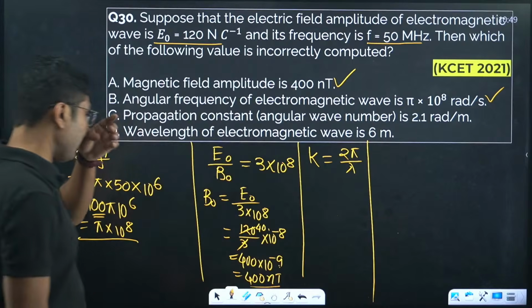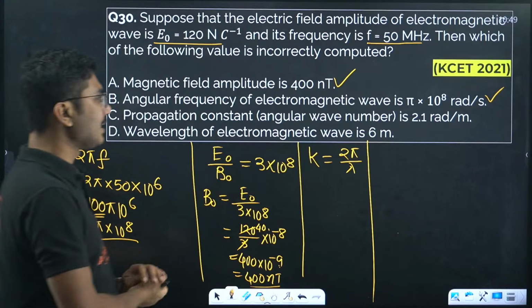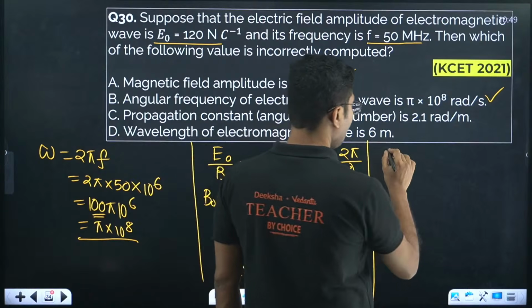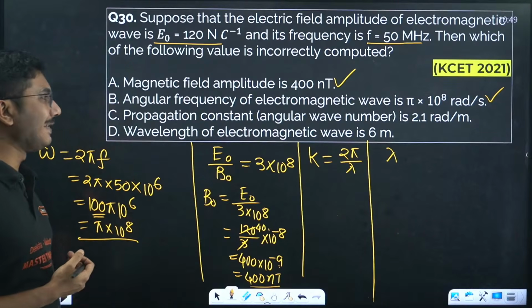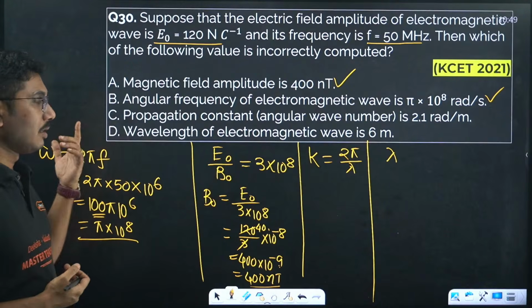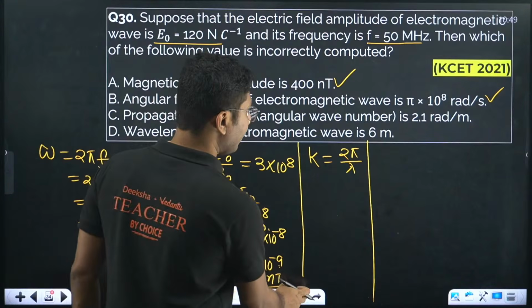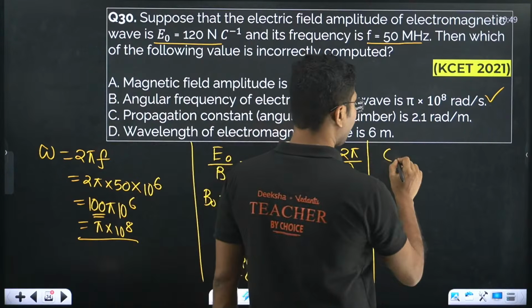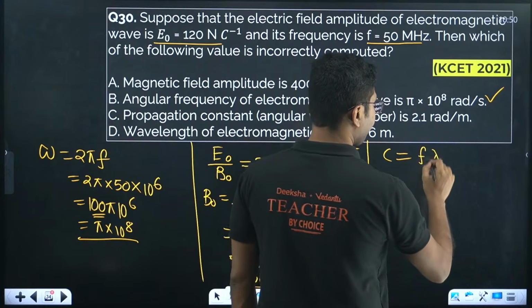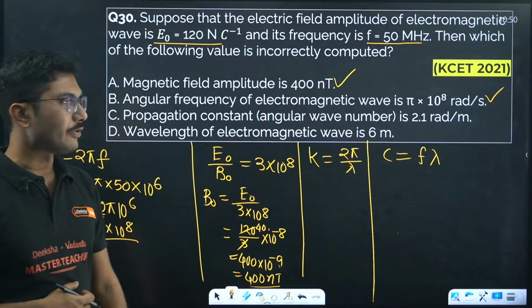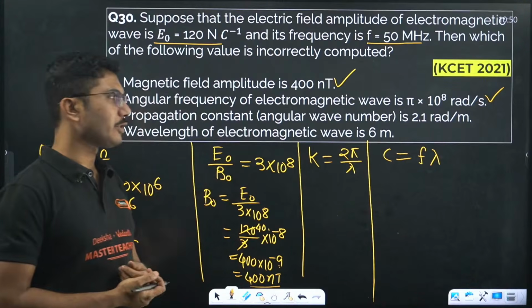First, say that the wavelength of the electromagnetic wave is 6 meter. So what is wavelength? Wavelength is the distance traveled by the light in one oscillation. We know the relationship between speed of light and wavelength. Speed equals frequency into lambda, V is equal to nu lambda. In wave motion we have studied it.